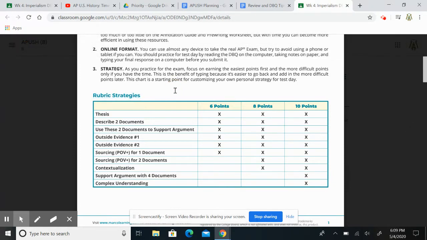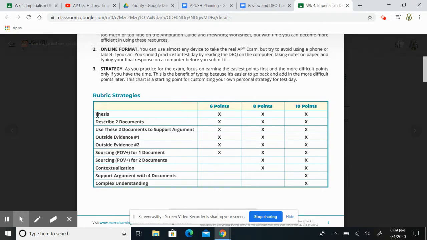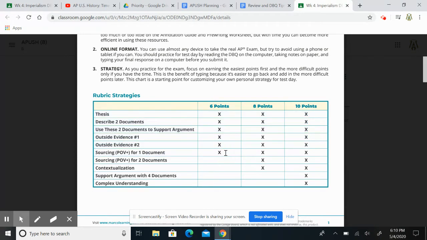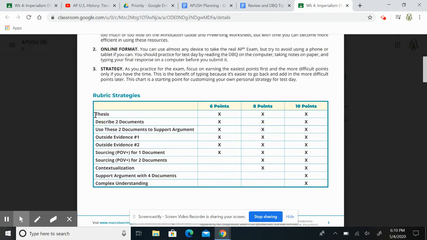A lot of you guys have told me you're struggling with the shorter time frame. You have 15 fewer minutes, even though it's only 2 fewer documents. So less time, more of a time crunch. The big thing to point out here, and I sent this in a Remind, but I want to elaborate, is if you're finding yourself cutting it close on time and you're only getting 2 documents in and then you're hitting that 45-minute mark, what he recommends, and I agree, is to skip the context.